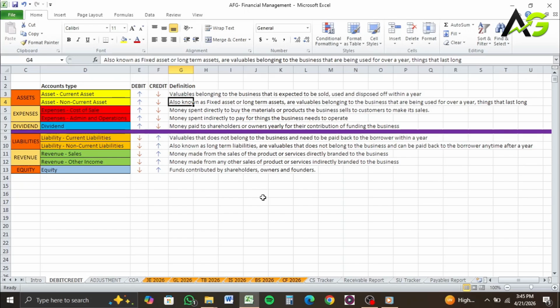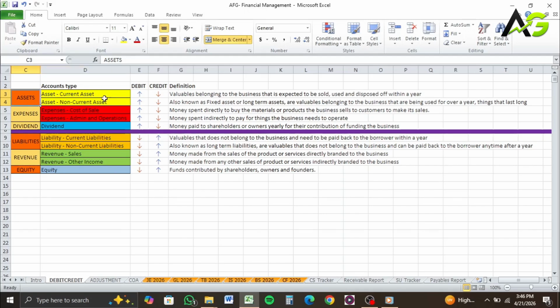So now, the first one, as you can see, is assets, right? One of the most important accounting terms that you need to know as an accountant. And assets are basically what the company owns. If you have a business, the things that you own are called assets.